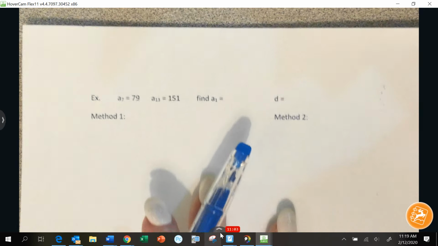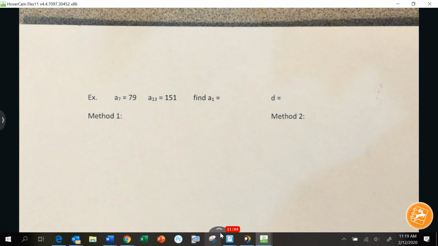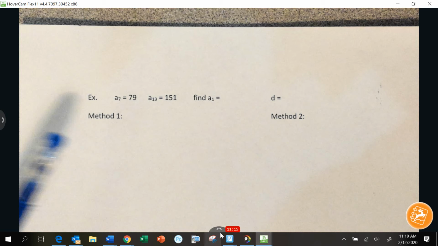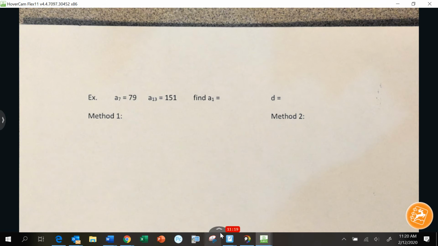So with this one here, the 7th term is 79, and the 13th term is 151, and we are going to find the first term and the common difference.